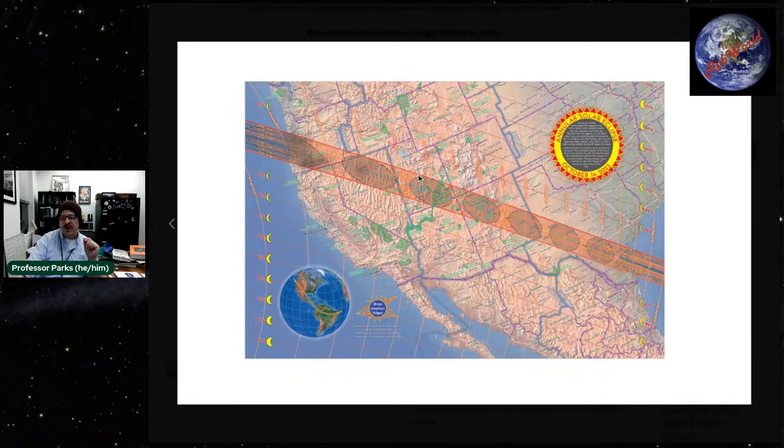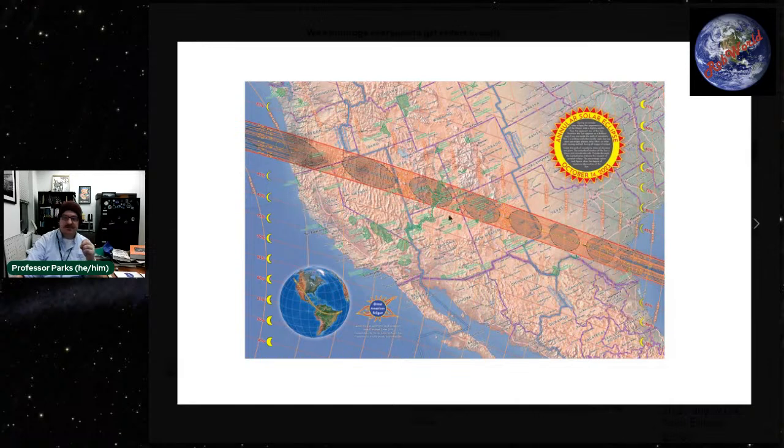If you're off to one side, the amount of time in the annular phase decreases, and it does so rapidly. I don't know exactly what the mathematical term is, but if you move a little bit you only shave off a few seconds. But if you get closer and closer to the edge, you start shaving off minutes. So you want to get as close to the middle of this as you possibly can.